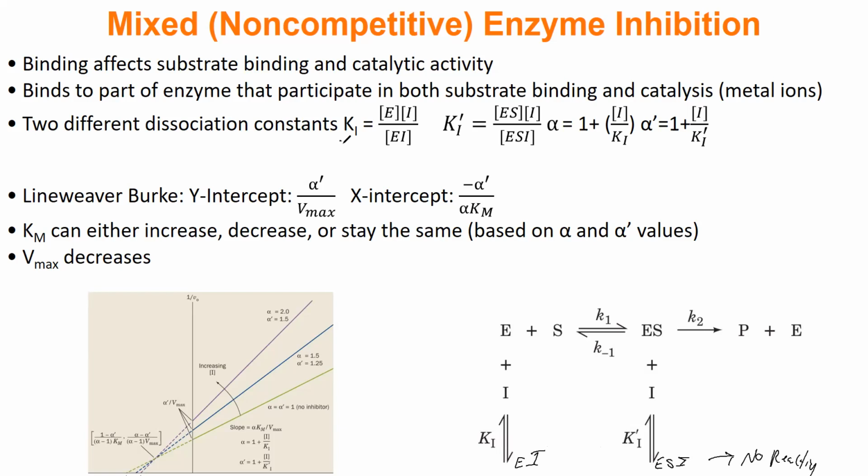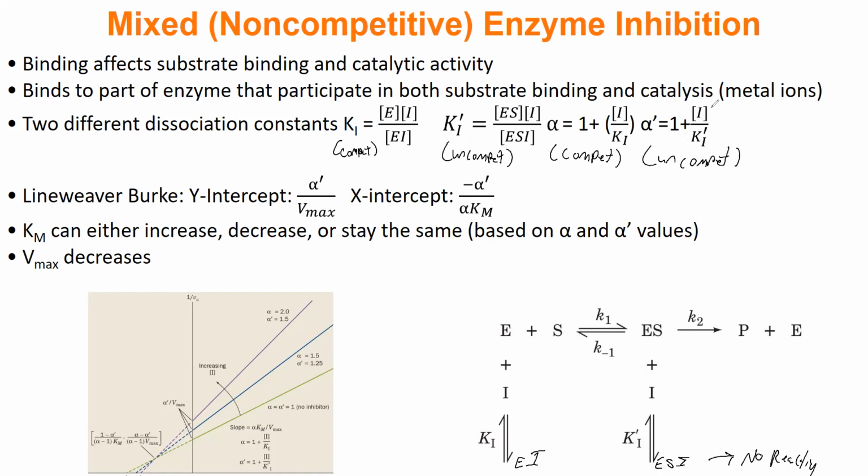It has both Ki, like we saw in competitive, and Ki prime, which we saw in uncompetitive, because it behaves like both. It can bind both. It also has alpha and alpha prime. Remember, alpha is what was in competitive, and alpha prime is what was found in uncompetitive. So you really want to think of mixed as the two previous inhibitors just combined. That's exactly what it is.